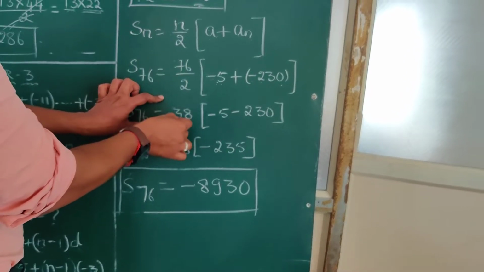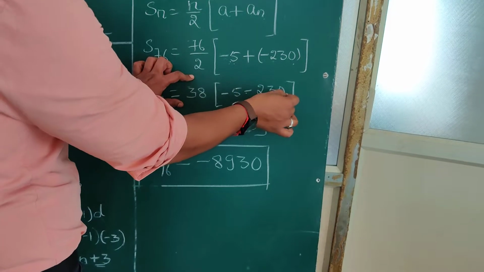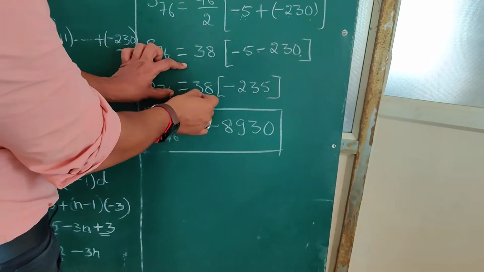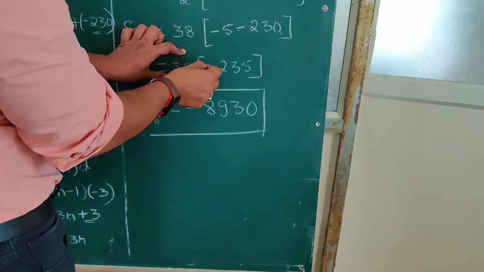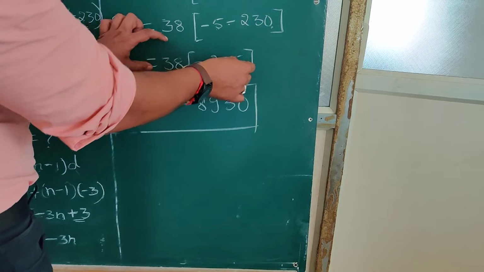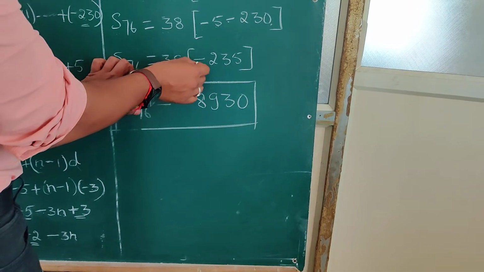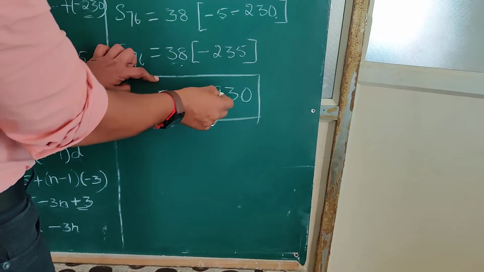So S76 is equal to 38 into minus 5, plus into minus is minus 230. Minus you have to add. So S76 is equal to 38 into minus 235. Now S76 is equal to 38 into minus 235 is 8930.